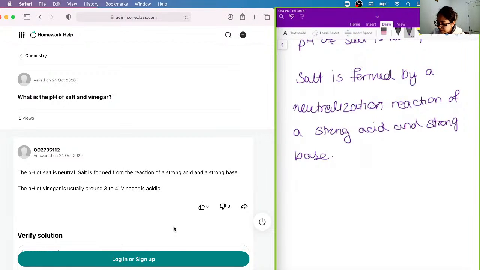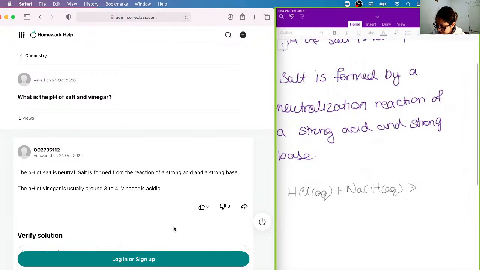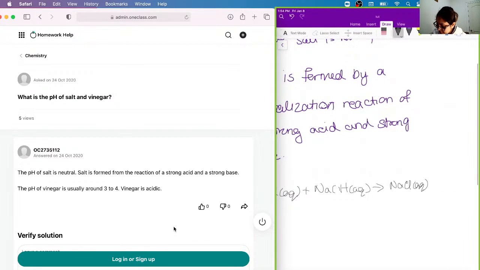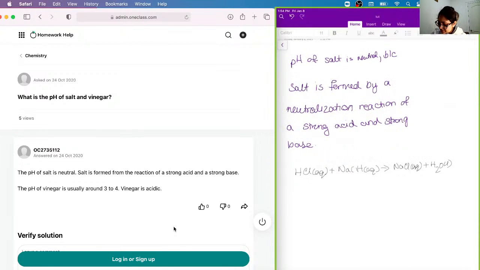For example, a common example is HCl plus NaOH, aqueous. This would give you your common table salt, which is NaCl, and would produce water, H2O. So your salt in this case would be neutral, and this is because it's formed by two strong components, which is a strong acid and a strong base.